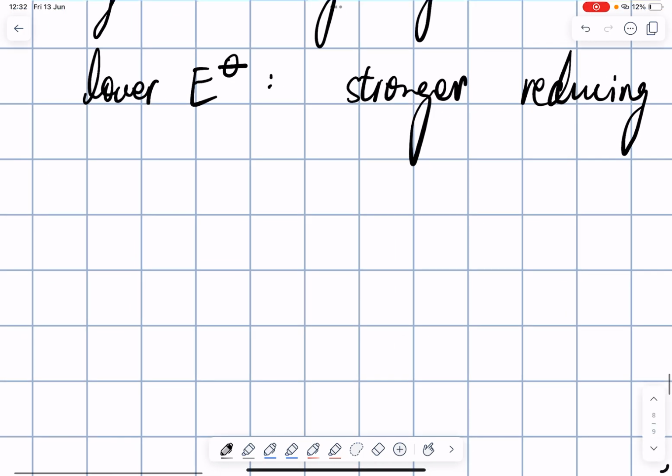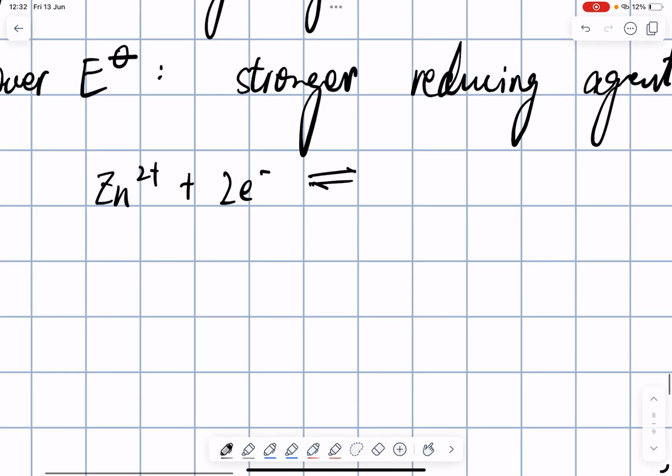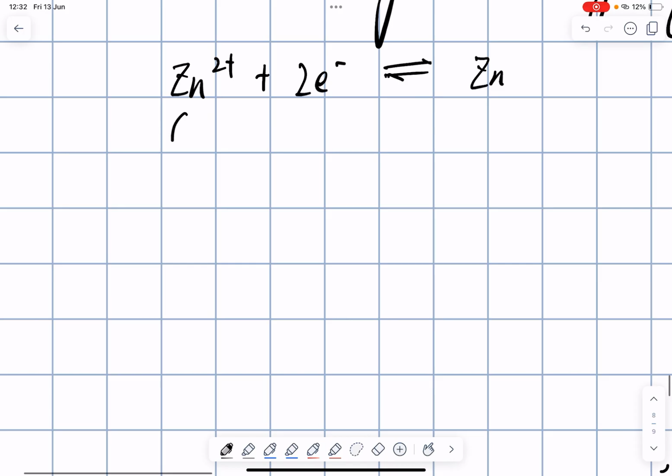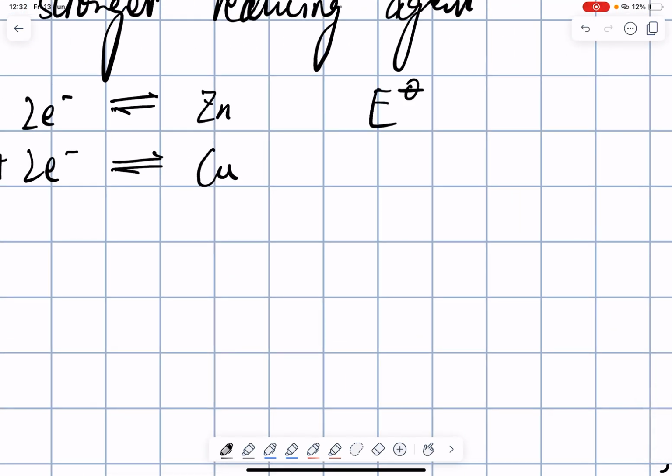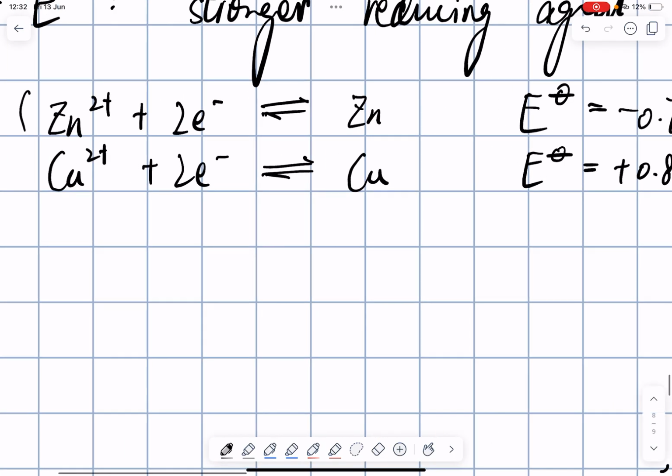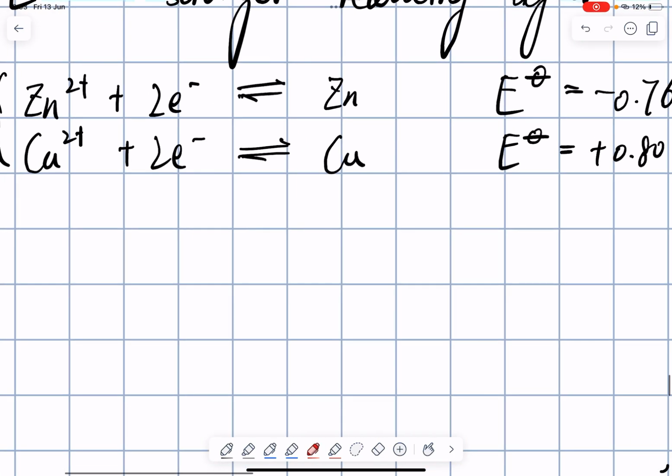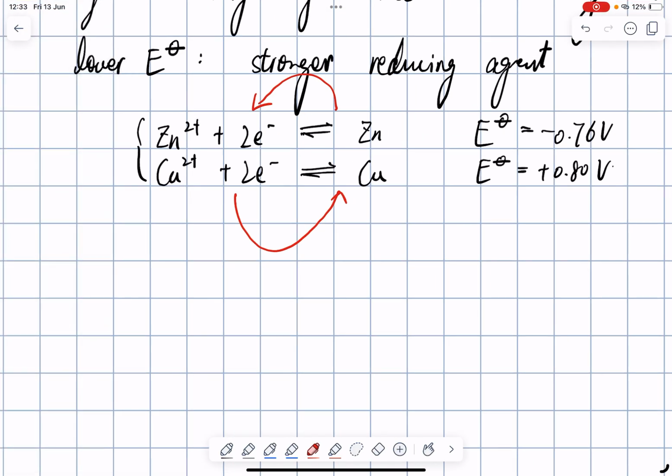So another very good example will be zinc and copper. I know I've used that for like 10,000 times today, but it is a good example. 0.76, I believe, and this. So if we connect these two half cells, we can clearly know that the direction should go like this.